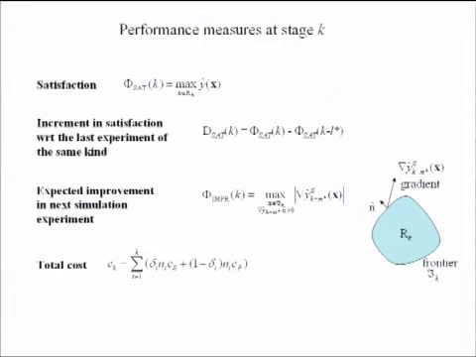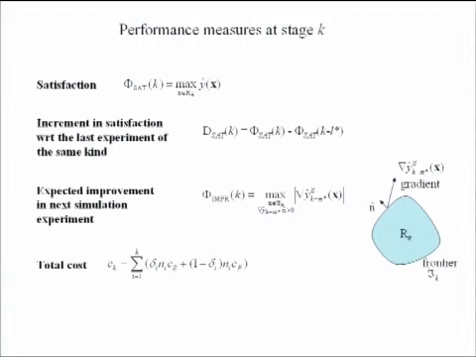We need performance measures at each stage, because, of course, we have to build the traffic light of this procedure. Measure satisfaction, which is the maximum value of the predictive model of the response in that region. Incremental satisfaction with respect to the last experiment of the same kind is the difference of two values of the satisfaction function.